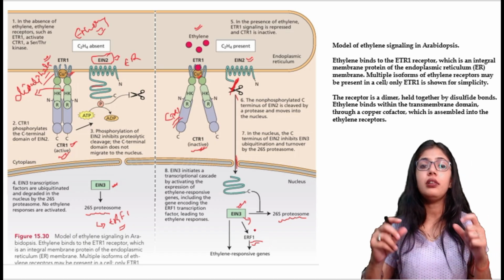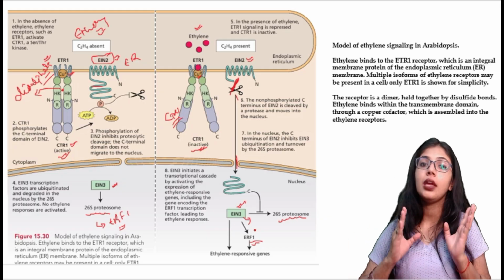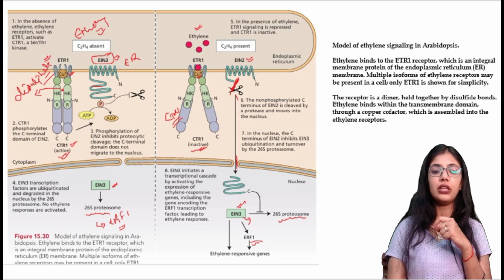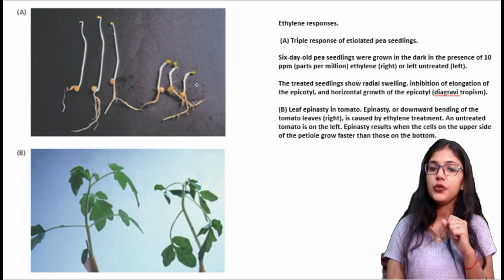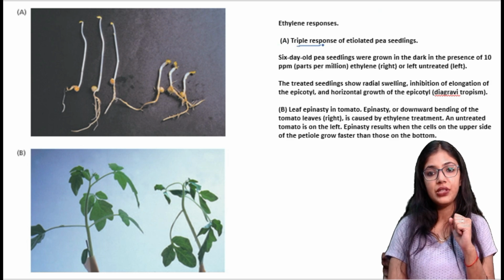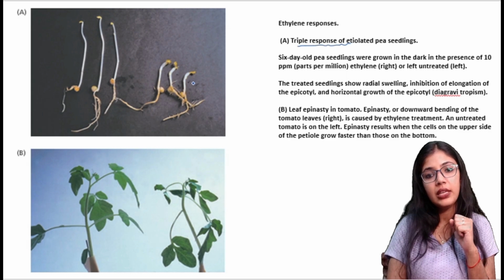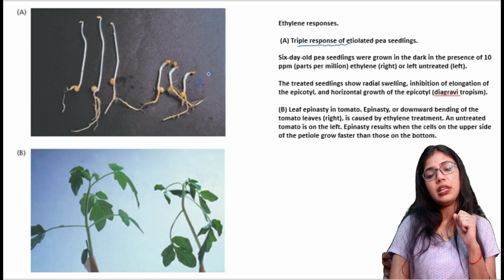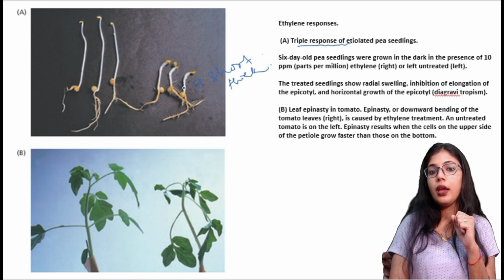This is how the regulation of the ethylene signaling pathway takes place in the presence as well as in the absence of ethylene. From this diagram we can understand what happens in each case. Here we can see a triple response in the presence of ethylene: the stem is short and a little bit thick, and it is curling.